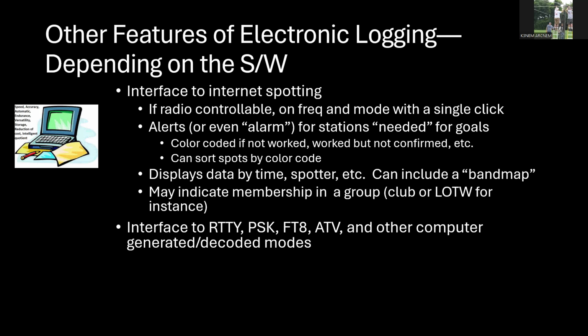And it'll also tell you, many of them, if the person's in Log of the World. It has a database of the stations that are signed up for Log of the World, and it will tell you if that station is an LOTW, so you know if you can get your confirmation that way from them. Or if they're a member of some specific club, like Potomac Valley Radio Club, you can get that printed out.